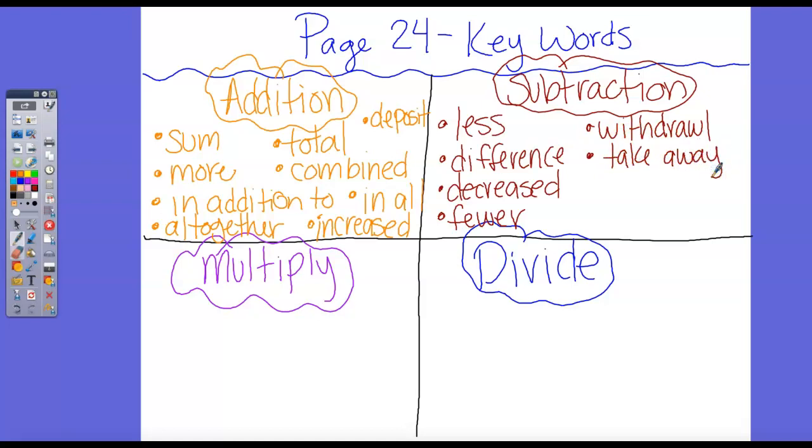We don't usually have that one anymore. Any others? Lost or spent, yes. Good one. Any others?